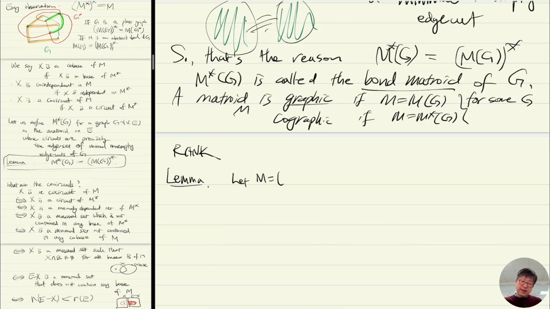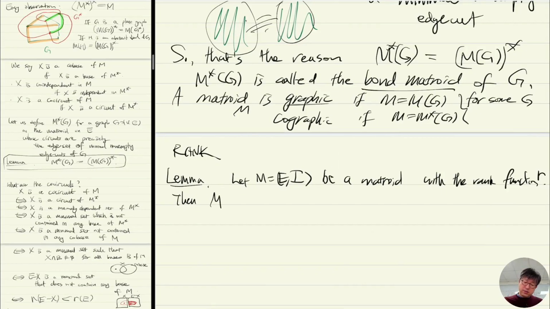Let M be a matroid with the rank function R, then the rank function of M dual is this.